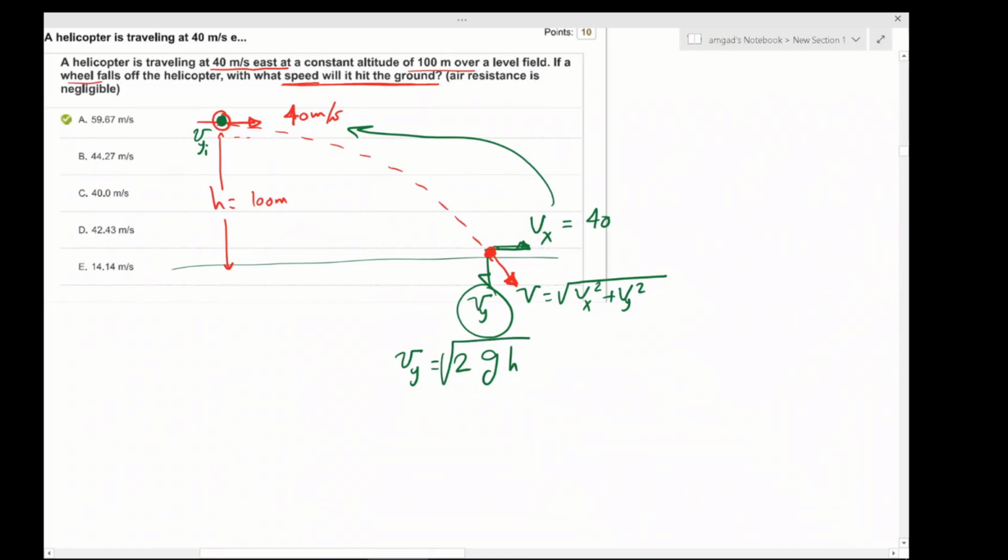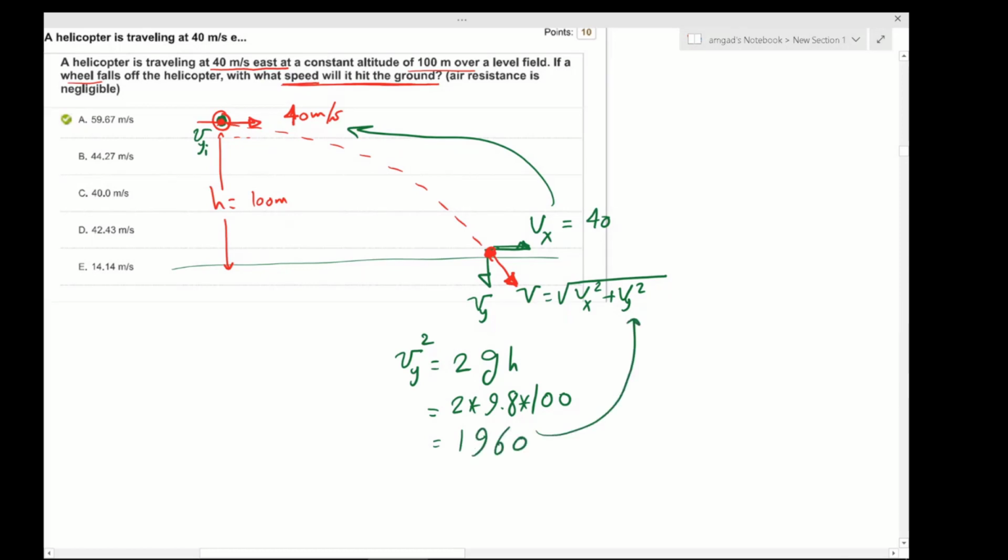But we don't need the root. We can keep it squared because we will need it as a square here. So 2 times 9.8 times height. The height is 100 meters. So that gives 1960.